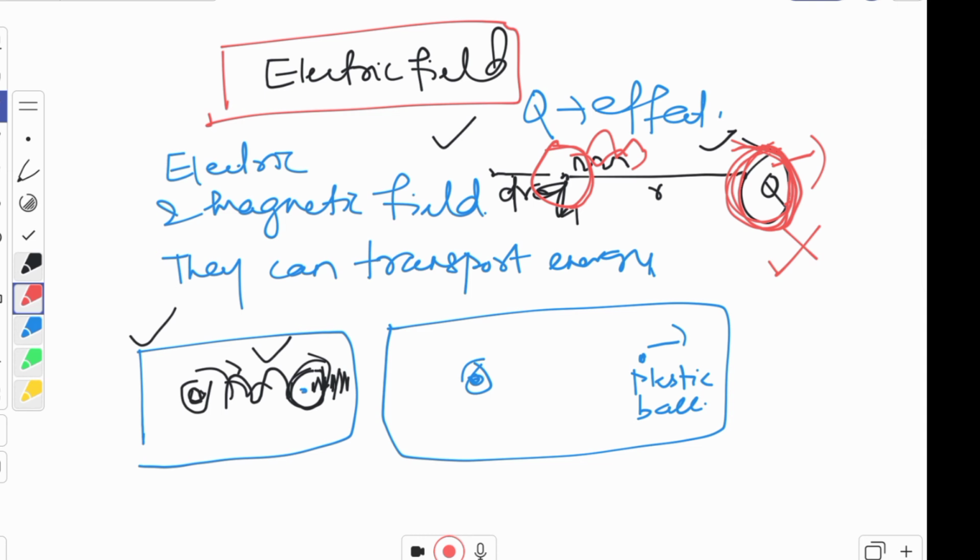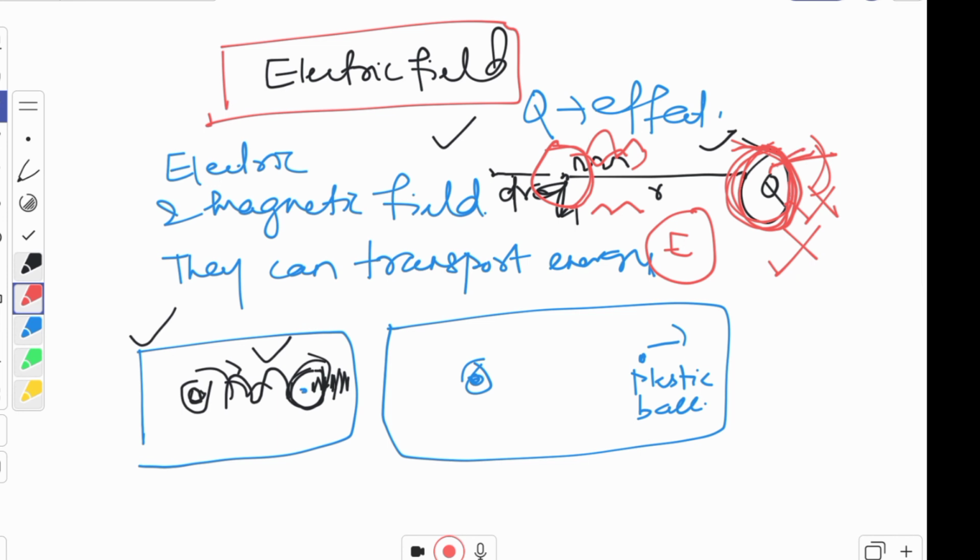No, still there will be some generation of electromagnetic waves. That means transport of energy will be there, that means the electric field has to be there. This electric field is a physical thing only. For this electric field, this charge is not at all responsible, so it is not mandatory.